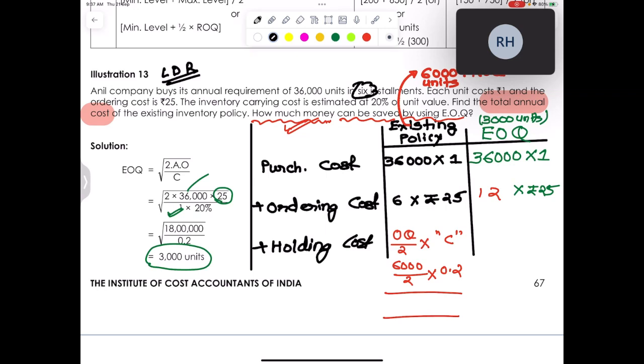easily purchased. Okay. Now the formula of holding cost will remain same. Order quantity. What is the order quantity in EOQ? The order quantity in EOQ is 3,000 units divided by 2. The carrying cost is same. It is 0.2. So this will be the total amount under economic order quantity. Okay.